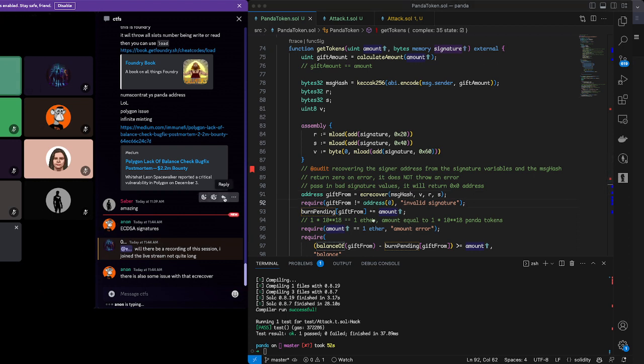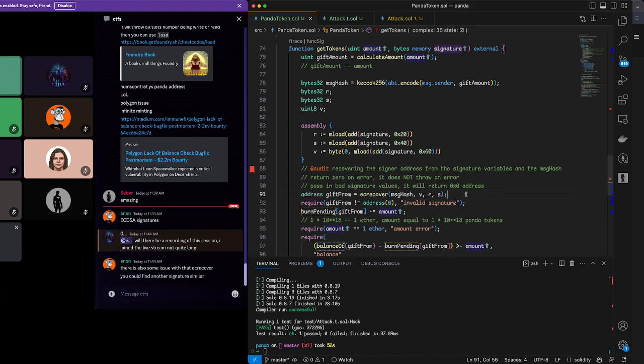As Anna noted, there are some other issues with ecrecover. You can manipulate a signature so that you can have distinctly different inputs which end up producing the same signature.